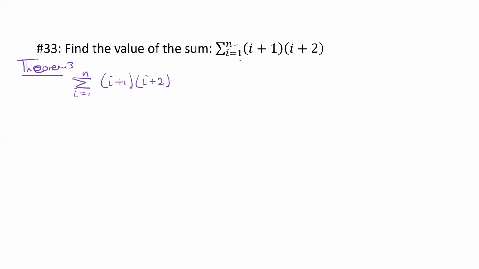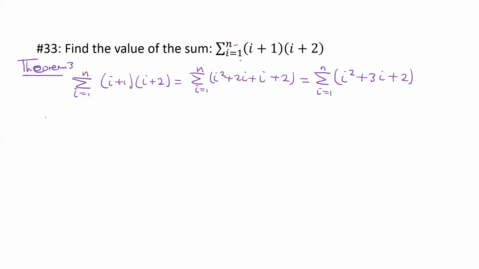We will multiply that out. If you FOIL that, that is i squared plus 2i plus i, then plus 2, which gives me the sum of i squared plus 3i plus 2.